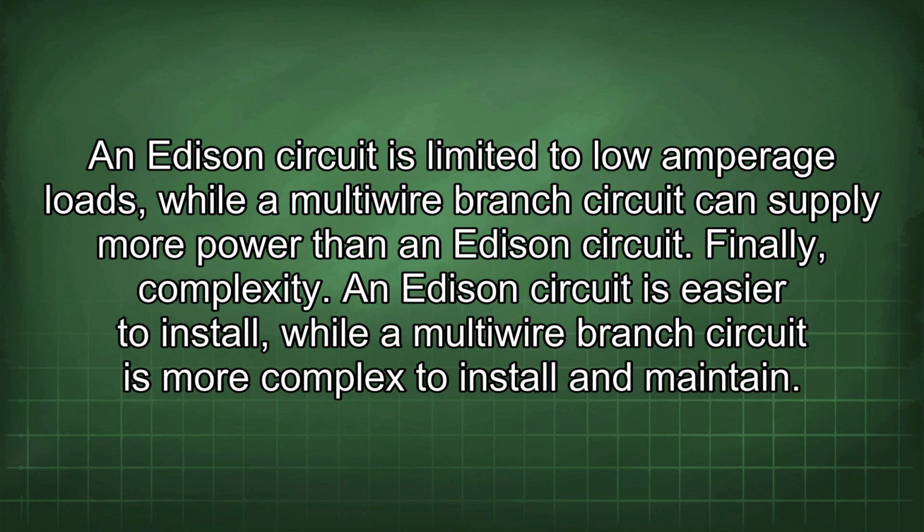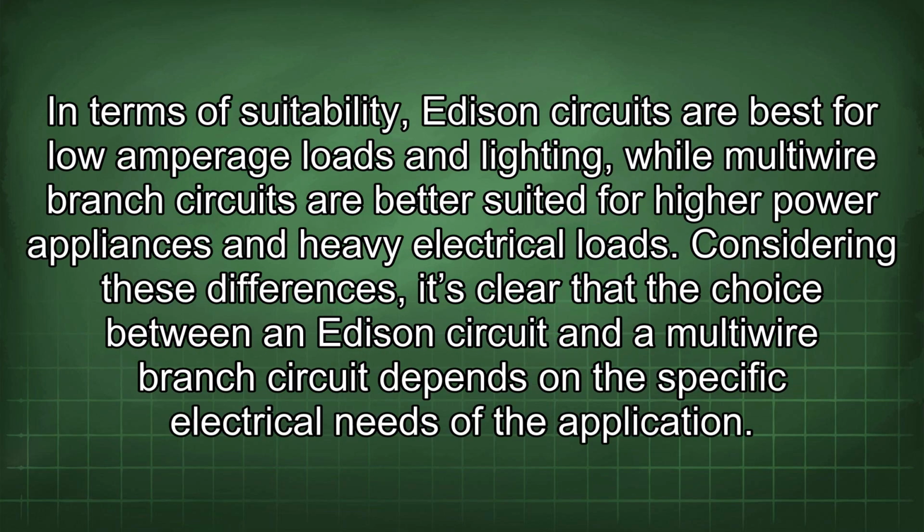Finally, complexity. An Edison circuit is easier to install, while a multi-wire branch circuit is more complex to install and maintain. In terms of suitability, Edison circuits are best for low amperage loads and lighting, while multi-wire branch circuits are better suited for higher power appliances and heavy electrical loads.